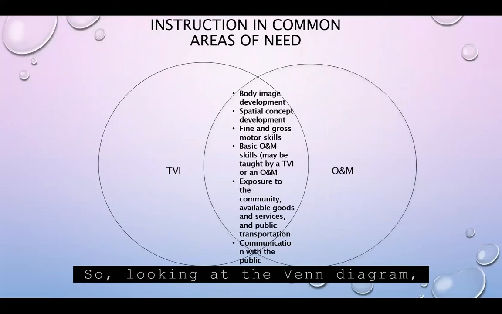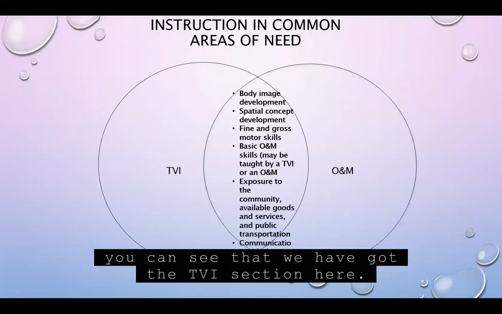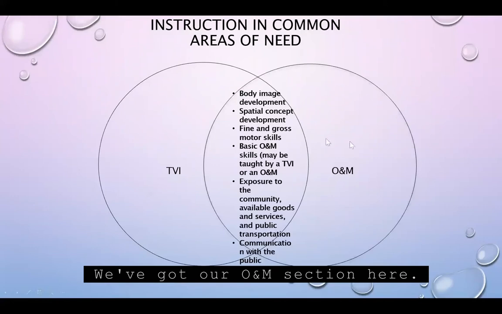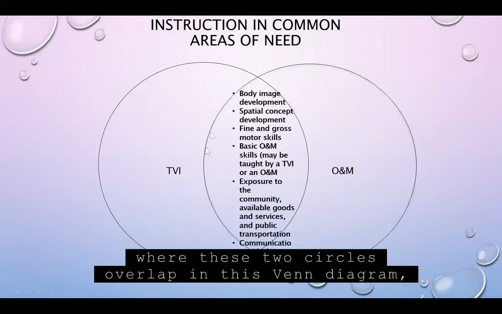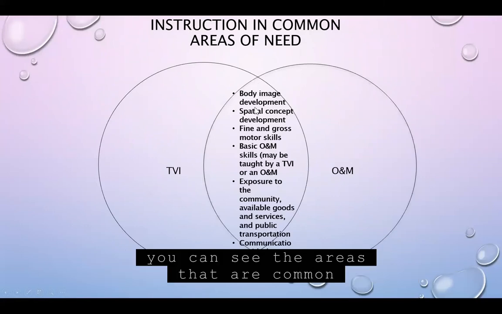So looking at a Venn diagram, you can see that we've got the TVI section here. We've got our O&M section here. Then you can also see here, right in the middle, where these two circles overlap in this Venn diagram, the areas that are common when we are looking at assessment, and then, of course, instruction.